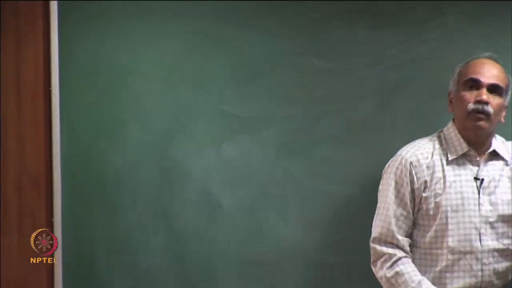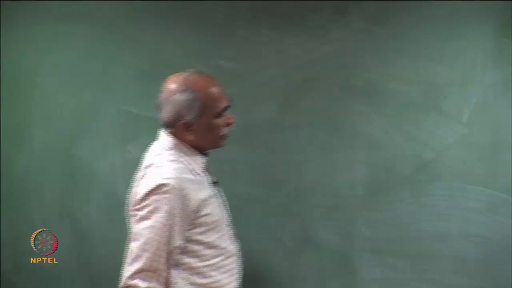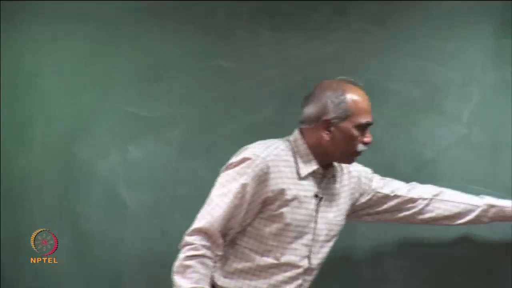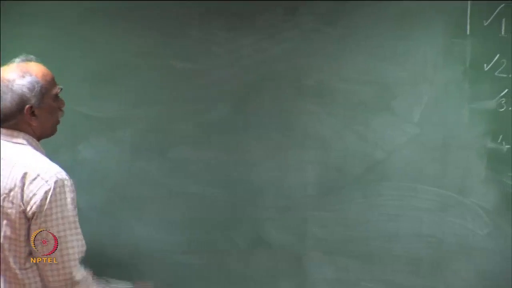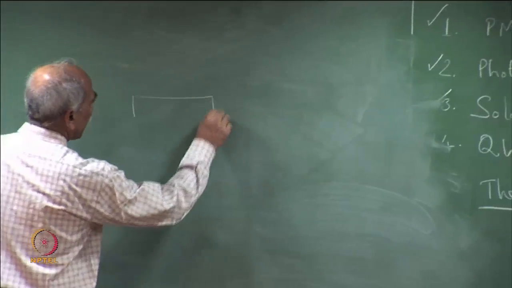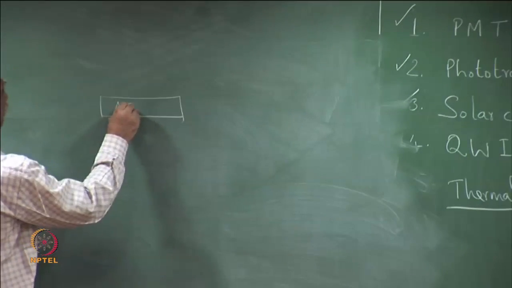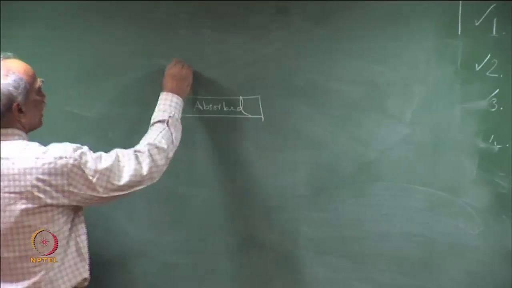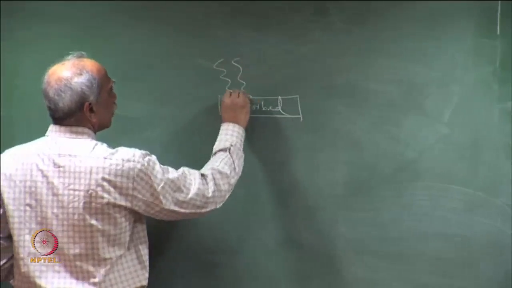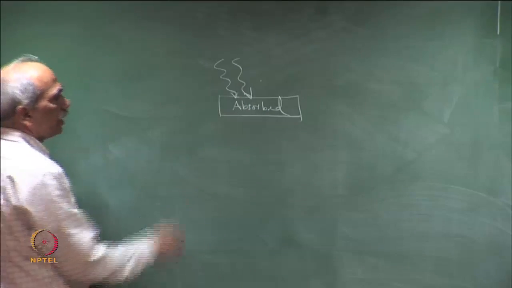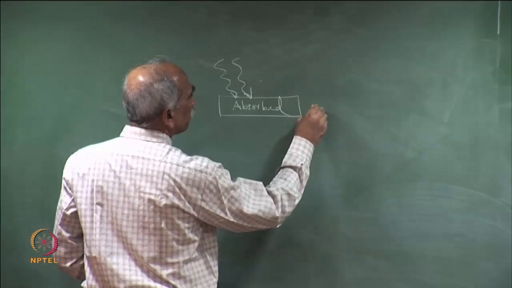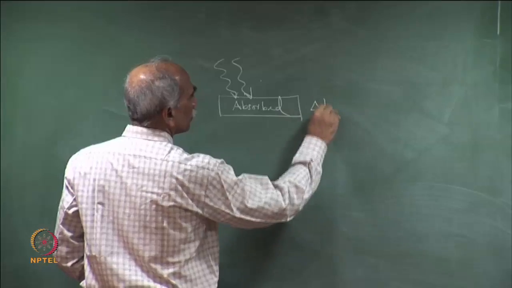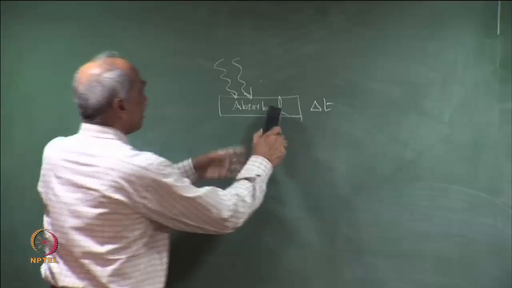And just one sentence, since we are running out of time, on thermal detectors. Thermal detectors are a class of detectors. The basic idea is simple: there is an appropriate absorber.